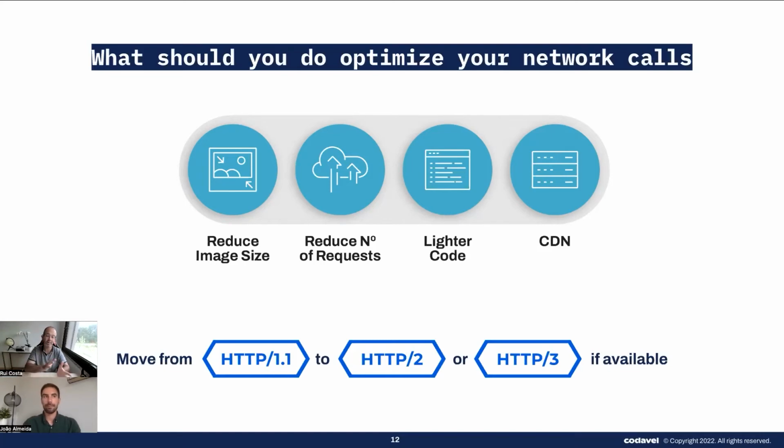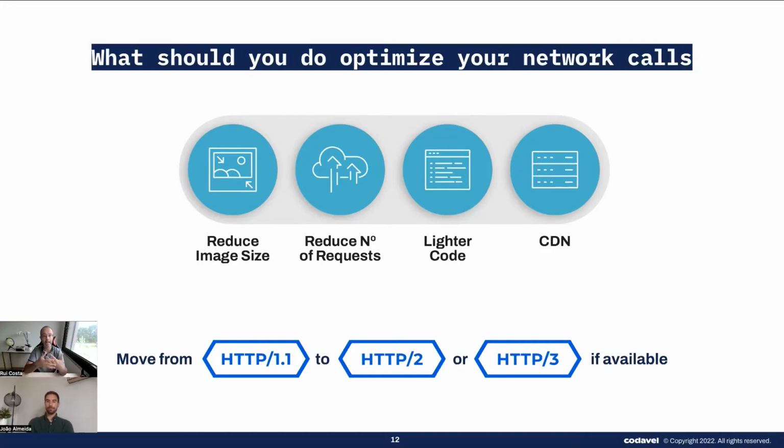Also, and this one is still a new thing, so it's not widely available, but if you have the opportunity, you can also move to the newest version of HTTP, which is HTTP/3, or people also call it QUIC. It will bring, in particular for API calls, for those small requests, a significant performance impact when compared to the other versions of HTTP.